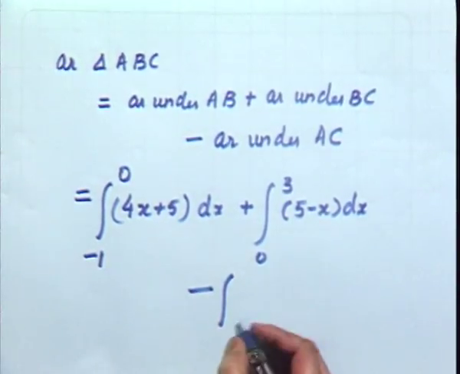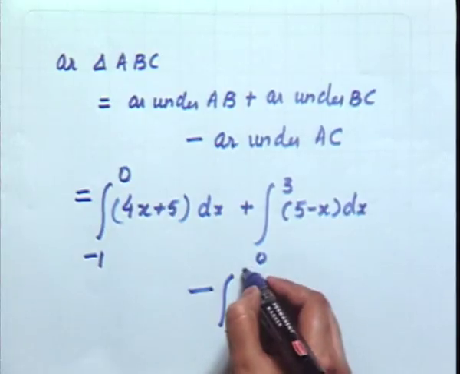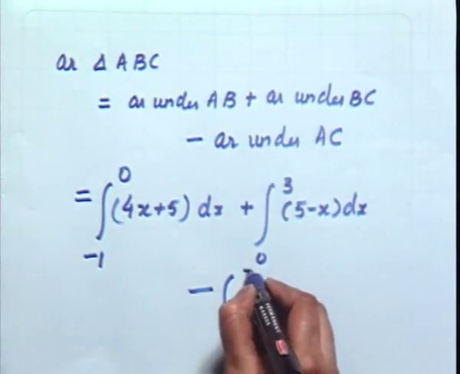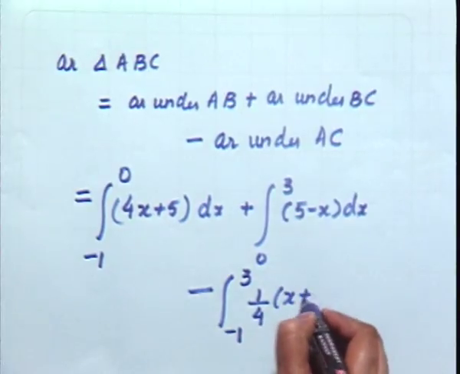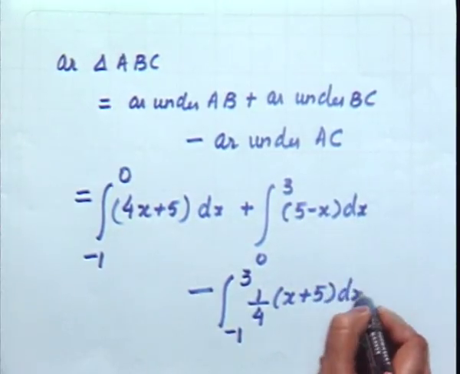The area under AC. So, the limits for A and C start from -1 to 3 and the function is 1 by 4 of x plus 5. It is a very simple integration now.